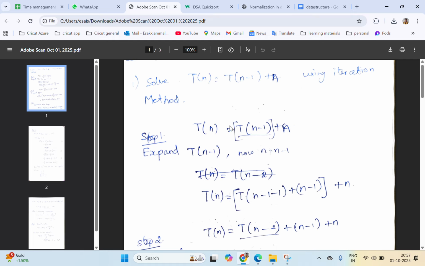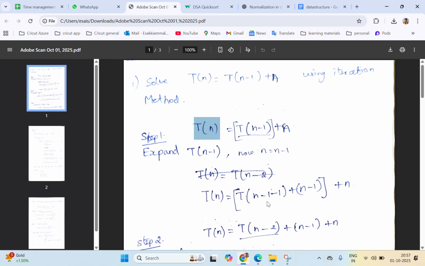For the iteration method, the first step is to expand T(n-1) based on this formula. Here n will be n-1, so T(n-1) plus n is n-1.